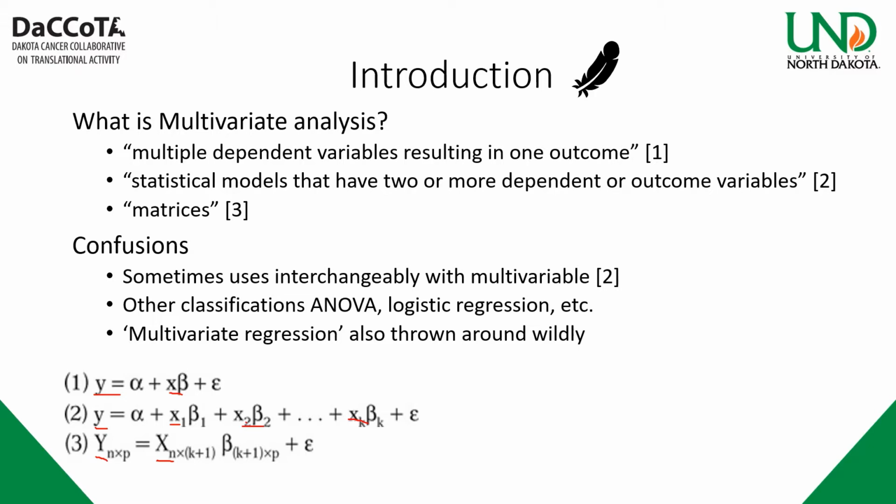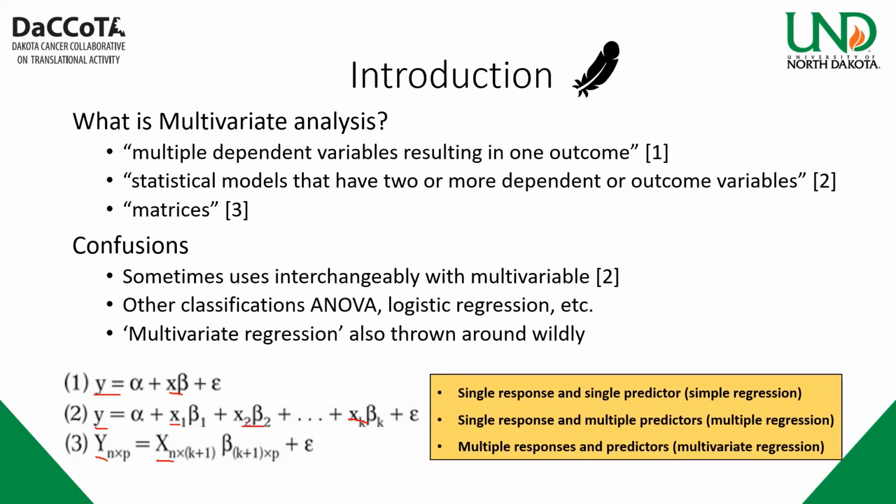Other confusions: some definitions of multivariate analysis include ANOVA and logistic regression, other things that I wouldn't normally consider multivariate. And then finally, the term multivariate regression can also be thrown around wildly, not clearly denoting what is meant by it.